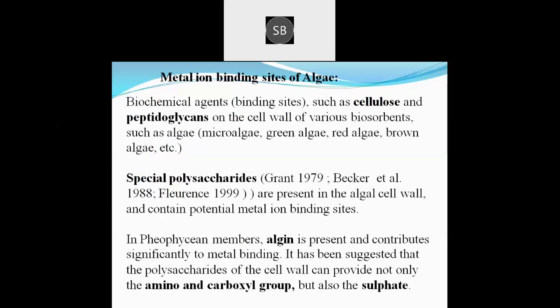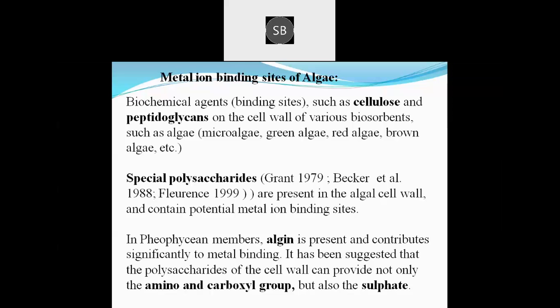Now we are using algae as a biosorbent, but what characteristic feature does it have, or what biochemical agents does the cell wall of these algae have, like cellulose and peptidoglycans and special polysaccharides. So these are present on the algal cell wall, which provides some chemical groups for heavy metal binding.